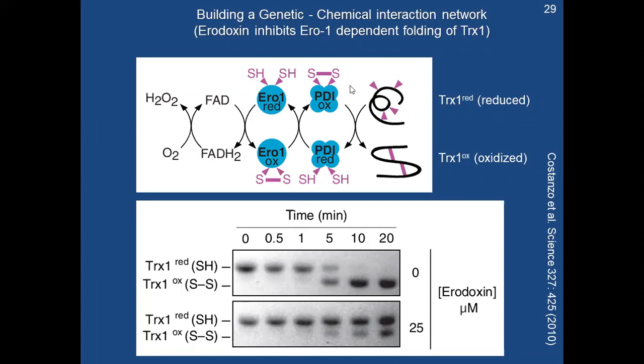It only contains thiol groups. Because it contains thiol groups, it's more a linear protein, and the one with disulfide bonds is a compact protein. So we can see this on a gel because the compact protein is going to run lower. The reduced protein is going to run higher in molecular weight in a non-reducing gel.